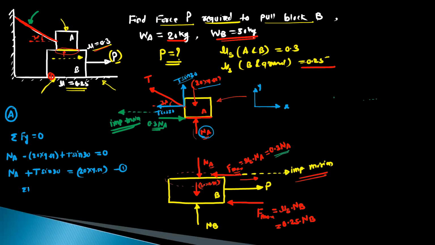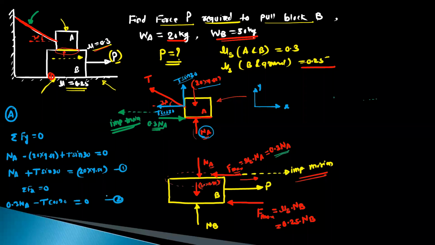After that, use summation Fx equal to 0. For summation Fx, we have 0.3 NA on the positive x side, then the x component of tension, which is minus T cos 30. Only two forces in the x direction, equal to 0. This is your second equation.